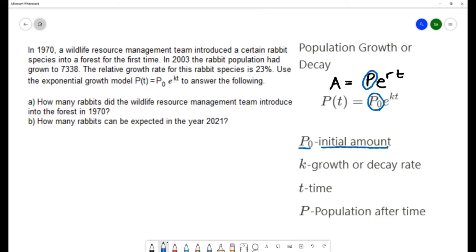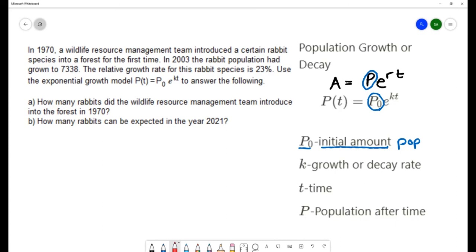This is going to be your initial population. So you're seeing that the variables, although they represent different things, are very similar ideas. The P in the first formula is dealing with money, and that's your initial or beginning amount of money. In the population growth model, P naught is our initial or beginning population. So in the same position, they have basically the same meaning. One's dealing with money and one's dealing with the population.